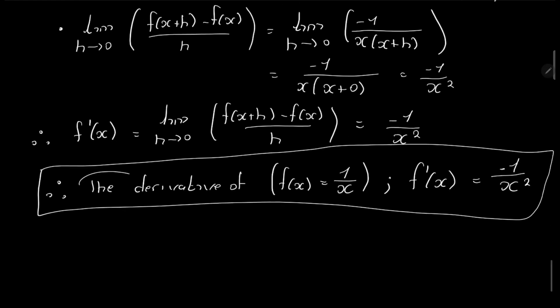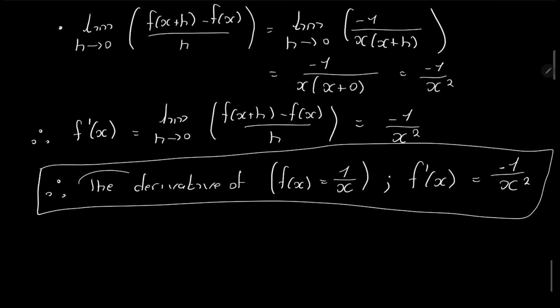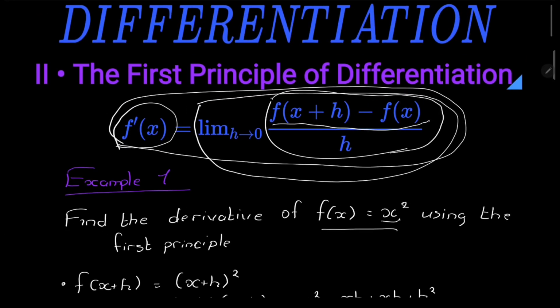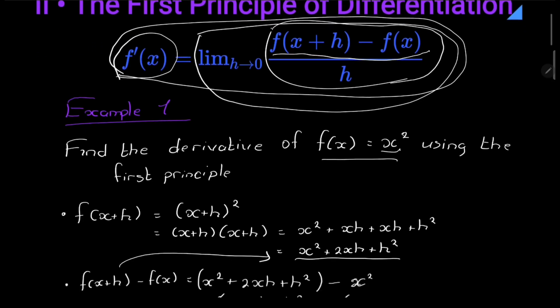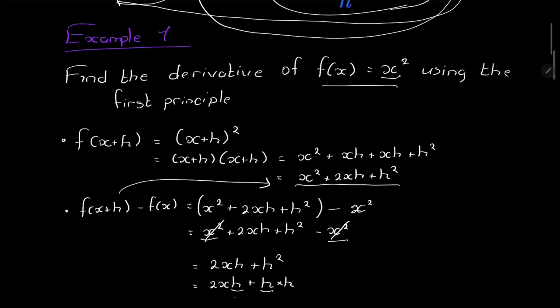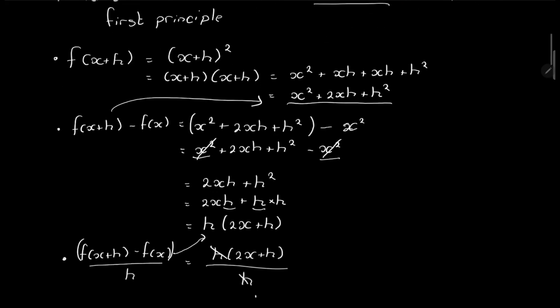So, for a quick remark, today we learned how to use the first principle of differentiation to find the derivative step by step. We saw it work for polynomials and even fractions. Yes, so in the next video we are going to introduce the power rule, which is a shortcut to make this process much faster.